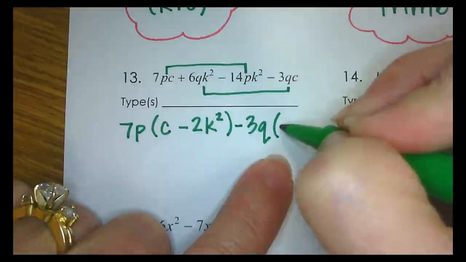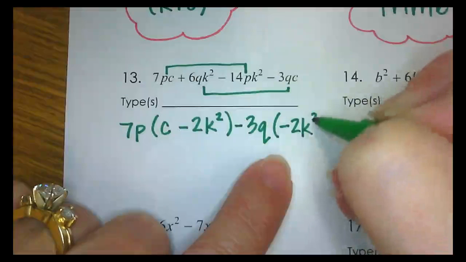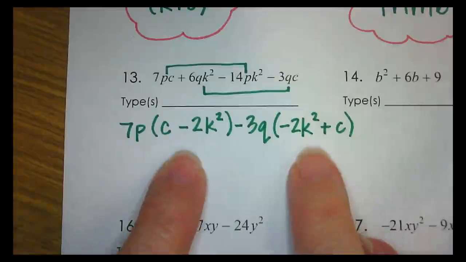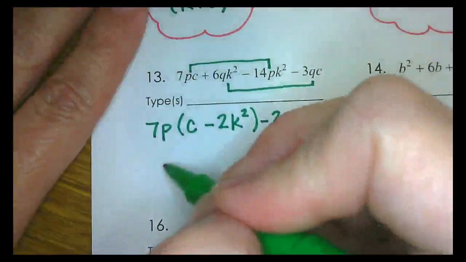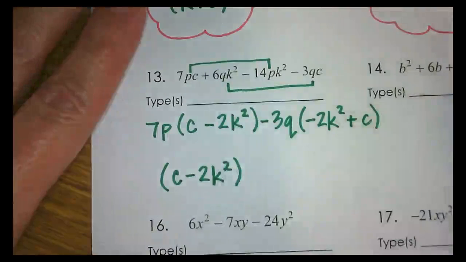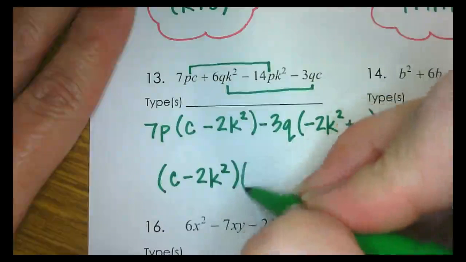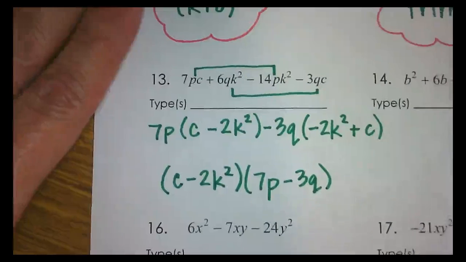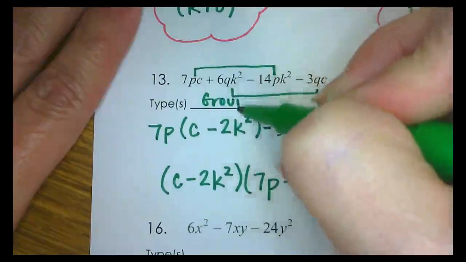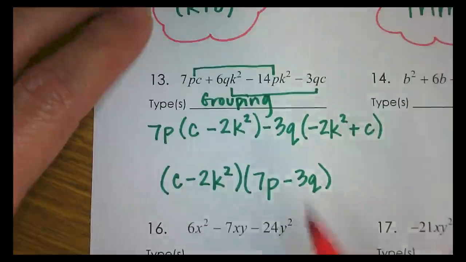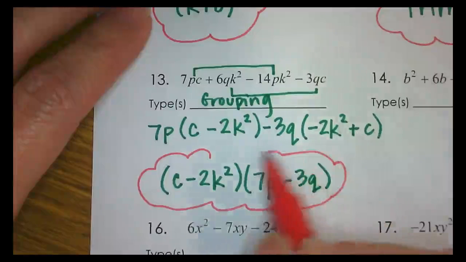So I get a negative 2k squared with a positive c. And those two, they're in a different order, but they do match. So now I know that c minus 2k squared is one of my factors, and then 7p minus 3q is the other, and that was just a grouping question. So that one is just grouping.